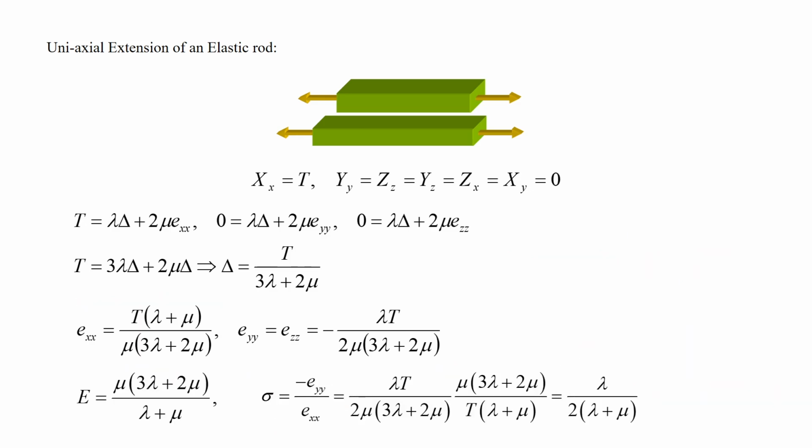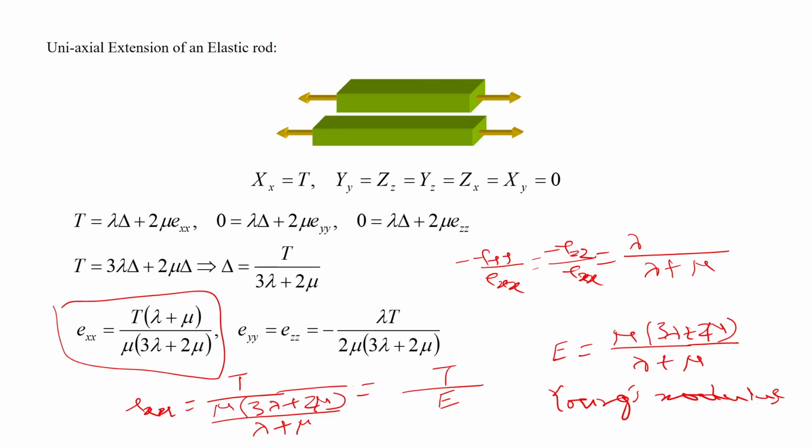Correct. So, it will be lambda by 2 lambda plus mu, because of this 2 here. So, this particular term is represented by, let us say, sigma here, and this is called the Poisson ratio.